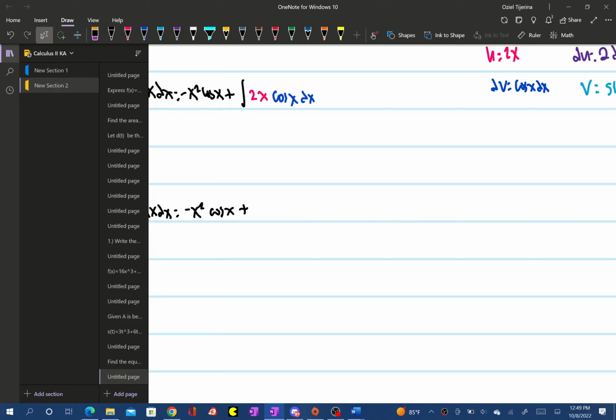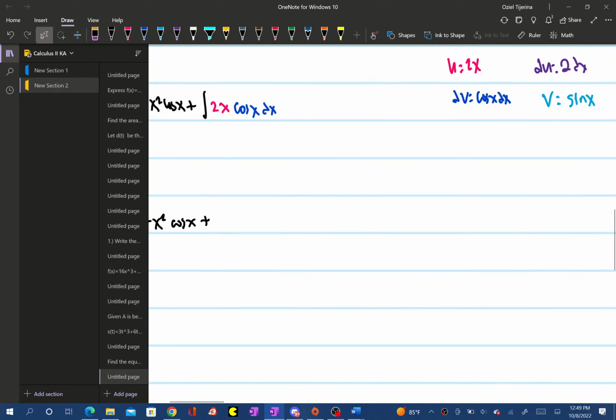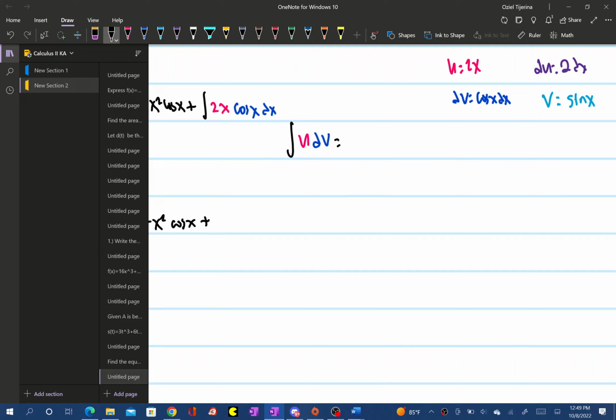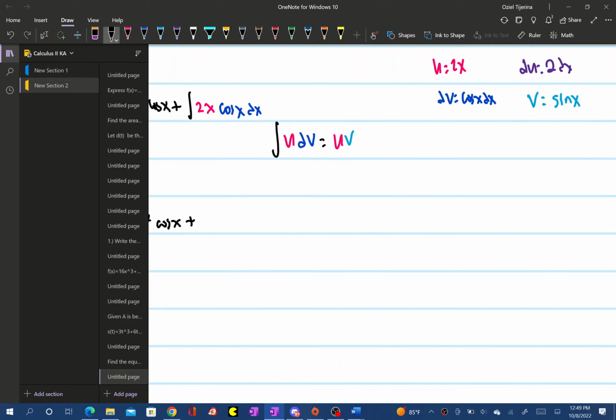Remember, the integral of u dv is uv minus the integral of v du.